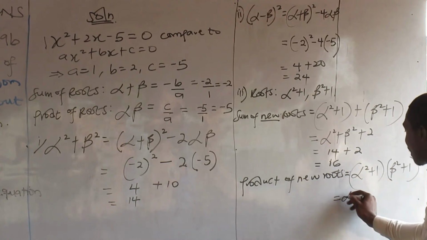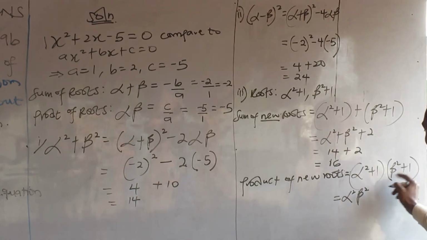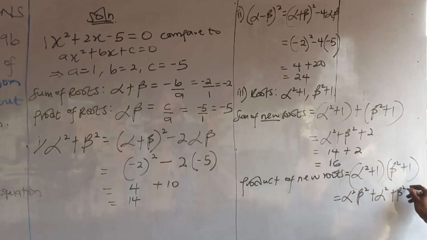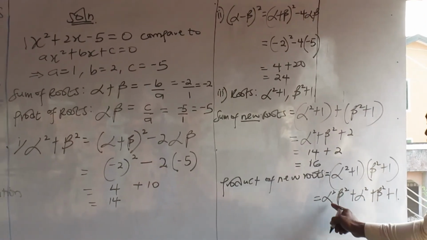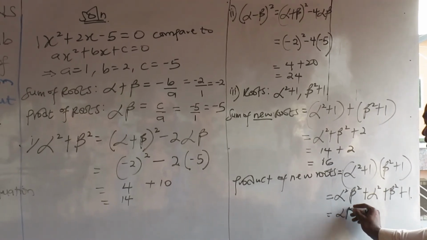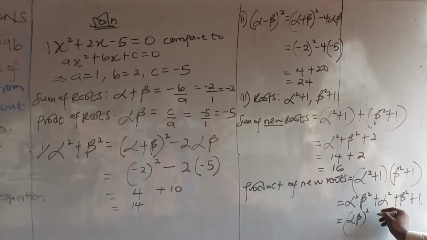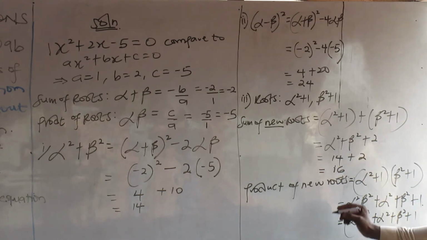This and this will give me alpha squared beta squared. Agree? This by this will give me what? Alpha squared, beta squared, plus 1. Good. Now I can put them together here and get this. Agreed? Then I'll get alpha squared beta squared plus alpha squared plus beta squared plus 1.